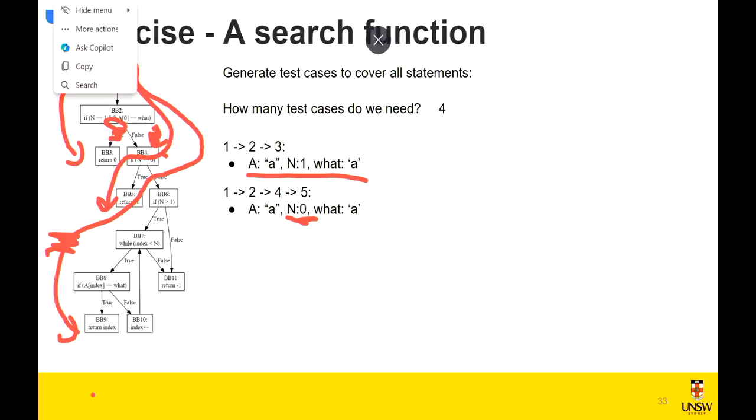The second one has to be false as well. So n can be neither 1 nor 0. Or n could be 0 but not 1, but then we won't satisfy this condition here. So n has to be larger than 1 in this case.